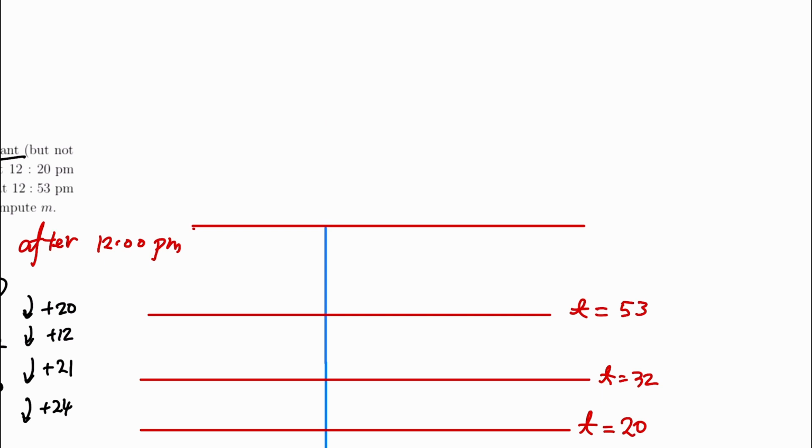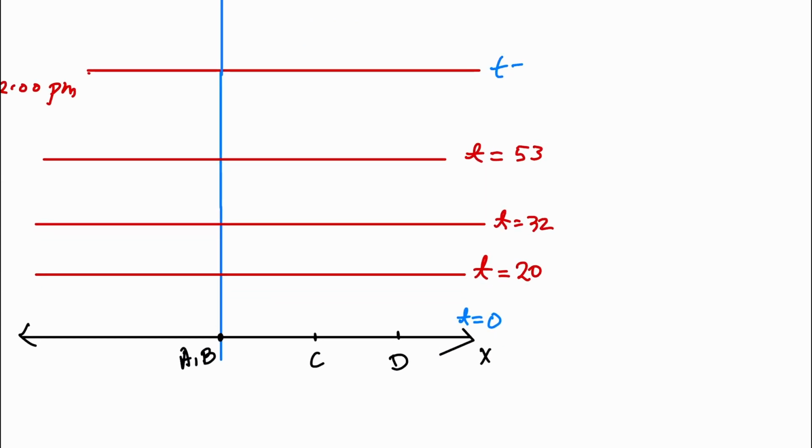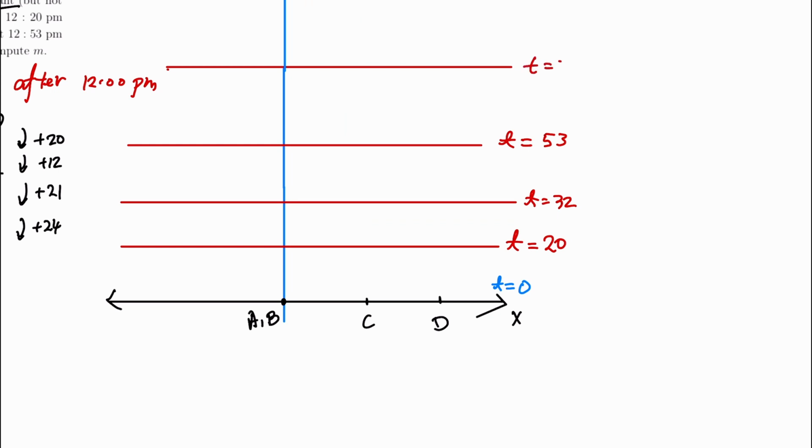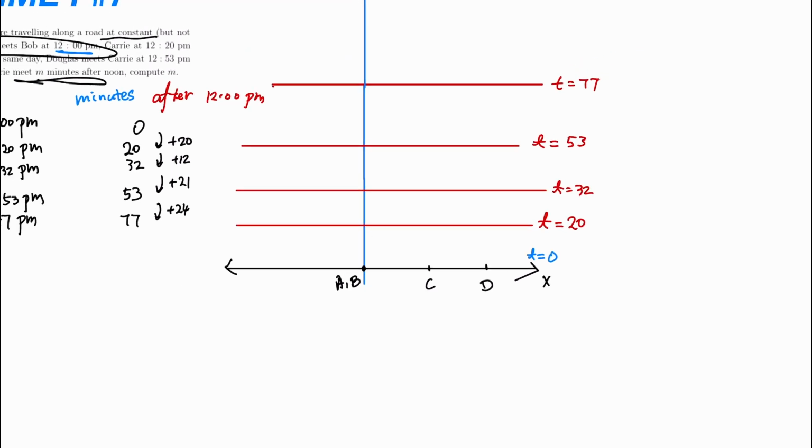So as t increases, this t will represent the minutes after 12 p.m. And that is t equal to 77. So how are we going to map everyone's position at 20, 32, 53, and 77? Well, let's take a look.